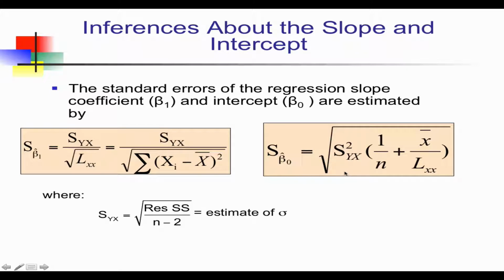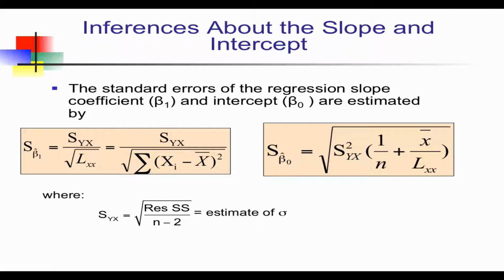So until this step, we have introduced that in a simple linear regression where y equals beta 0 plus beta 1 times xi plus epsilon i, beta hat 1 equals Lxy divided by Lxx.